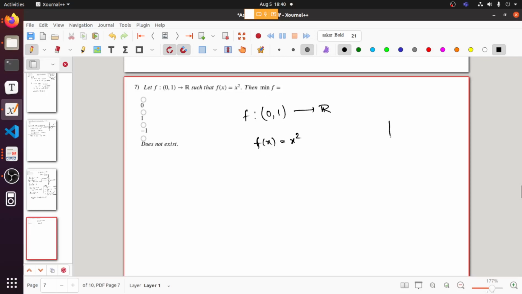So how does the x square function look? The x square function will look like this, but its domain is given only as open 0 1. So here you have to consider only, suppose this is 0, this is 1, and this is open 0. So you have to consider only this part. Here it is 1.